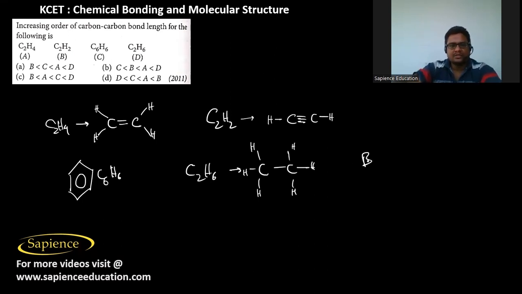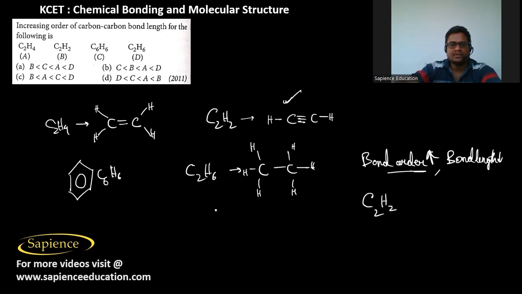So as we know, when the bond order increases, the bond length decreases. Now here the bond order is the highest in case of C2H2. So here the carbon-carbon bond length will be the least. So in C the bond length is the least.